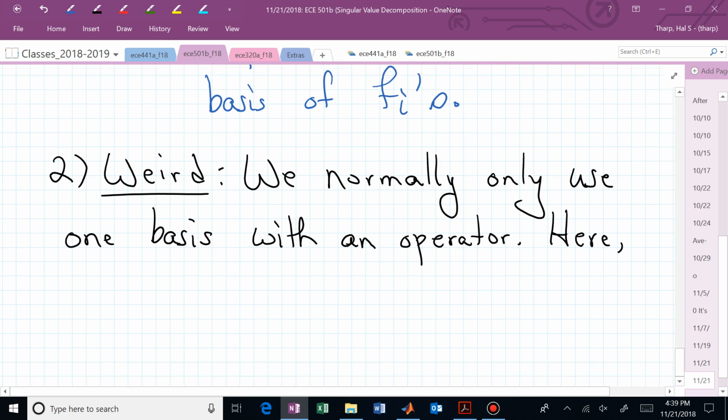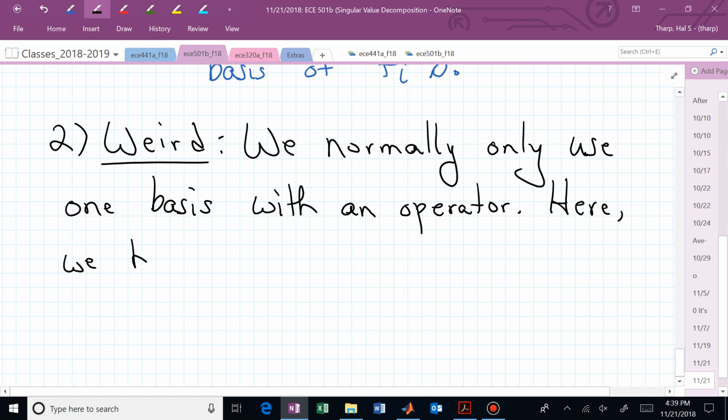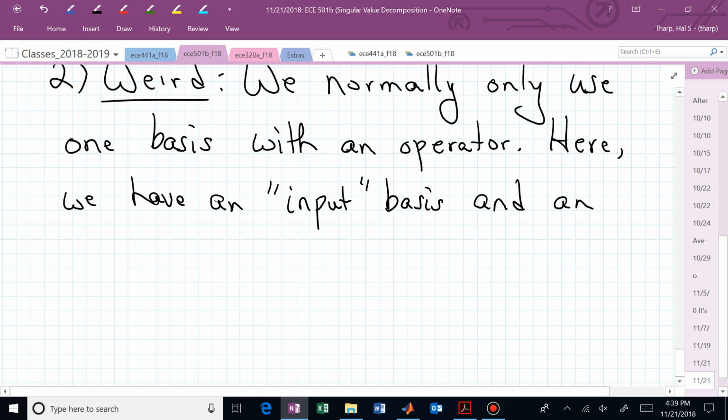Here we have two bases. We have an input basis, those were the E's, E sub i's, and an output basis.